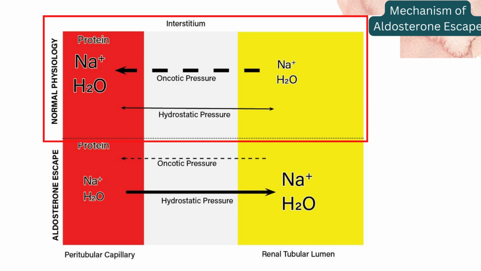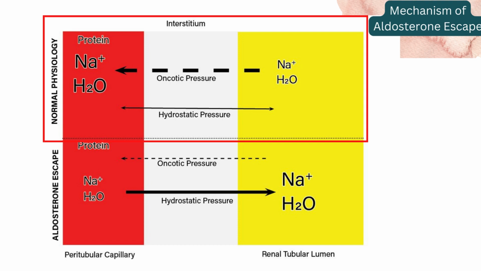It is worth noting that hydrostatic pressures across the renal tubules, interstitium, and peritubular capillaries are balanced in normal physiology. As a consequence, oncotic pressures dictate the flow of sodium and water.